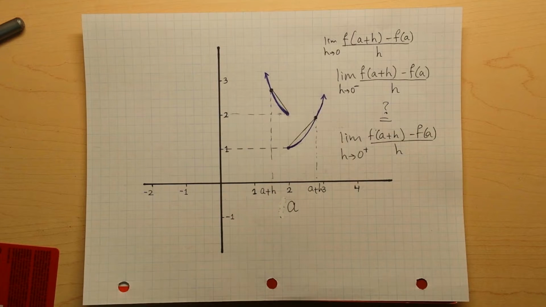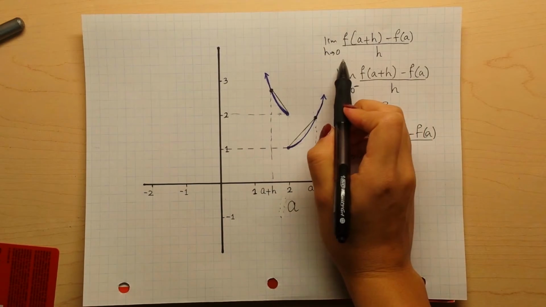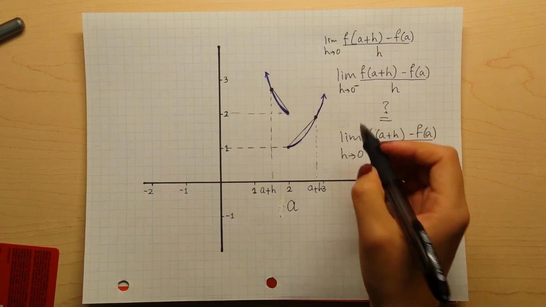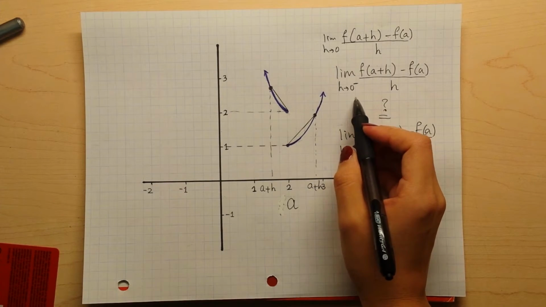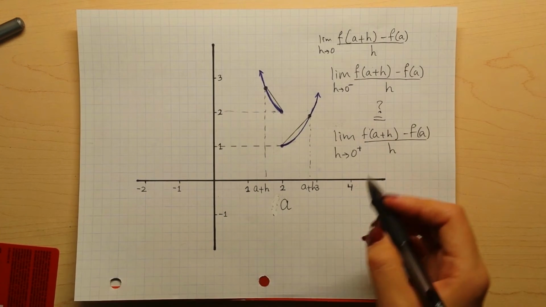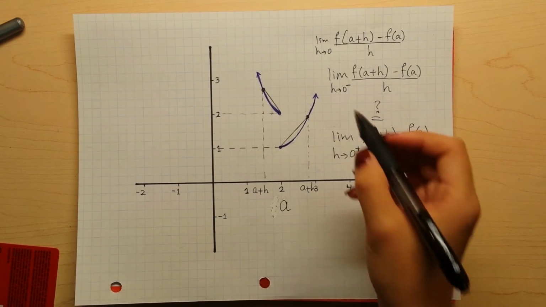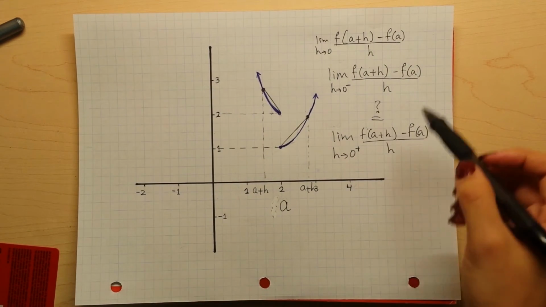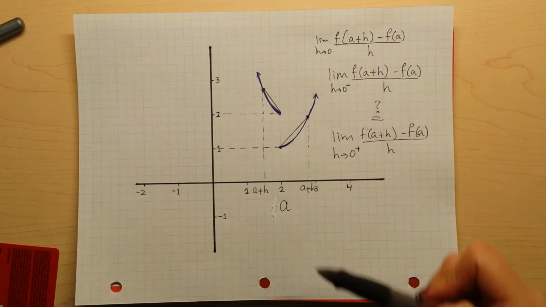Is this a two-sided limit? In order to understand why a two-sided limit exists, we have to look at the IRC formula. If h approaches 0 from the left side, and we get the same common value as h approaching from the right side, then that means we have a two-sided limit.